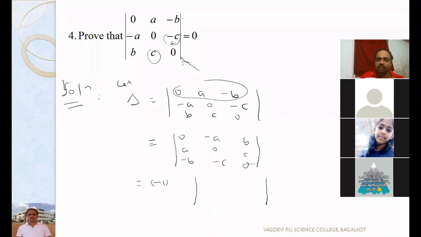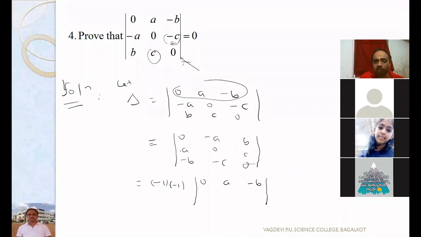Yes. Please, quick. If I take minus common, it actually means minus 1 common. You should not write just minus. 0 will be 0 only. Minus A becomes plus A because I have taken minus common. Plus B becomes minus B. Yes, that's right. Similarly, take minus 1 common in the second row.